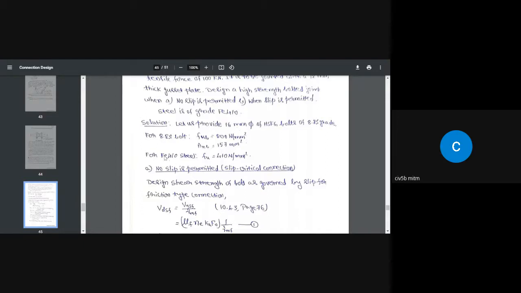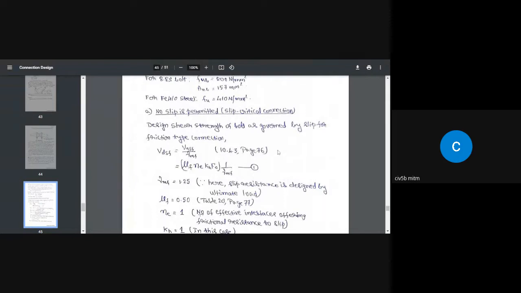Okay, next coming to the plate. Whether it is angle or gusset plate, what is the material it is made of? That is Fe 410 material, that is Fu equal to 410 Newton per millimeter square. So in this case, no slip is permitted. That means we are designing that as a friction type of connection.